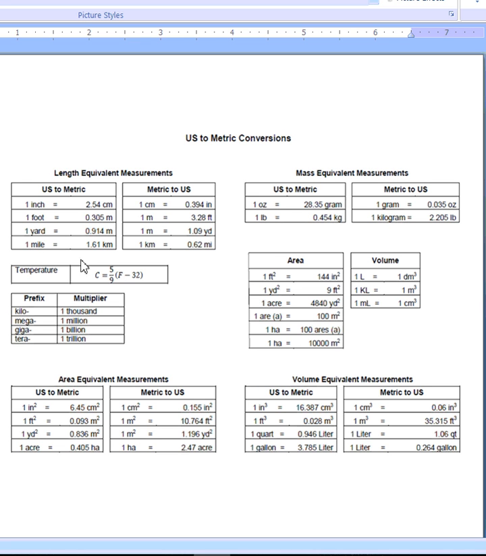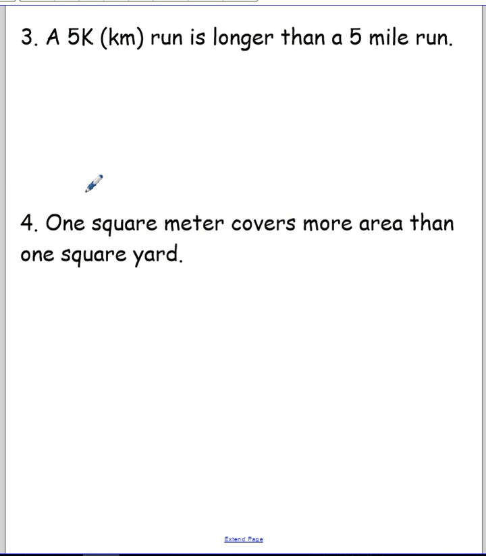So 1 mile is the same as 1.61 kilometers, or 1 kilometer is about 0.62 miles. So that means a kilometer is shorter than a mile. So they're not the same. So this is false. And if you've ever run a 5K, you probably know that a 5K is approximately 3.2 miles.